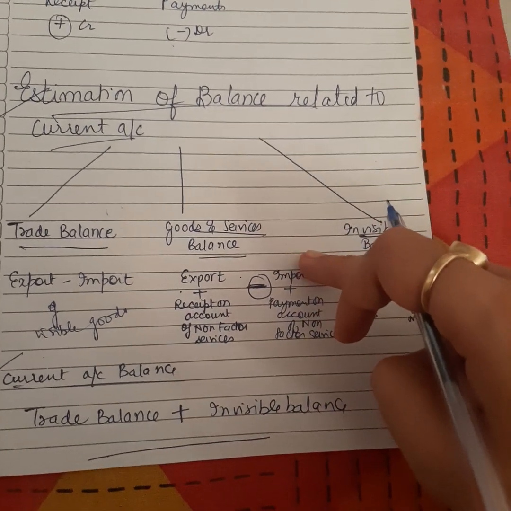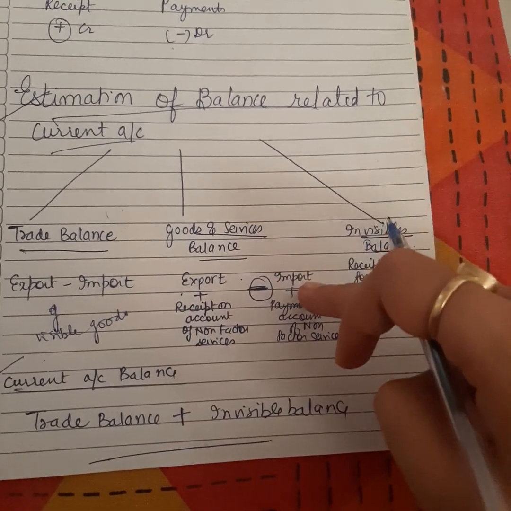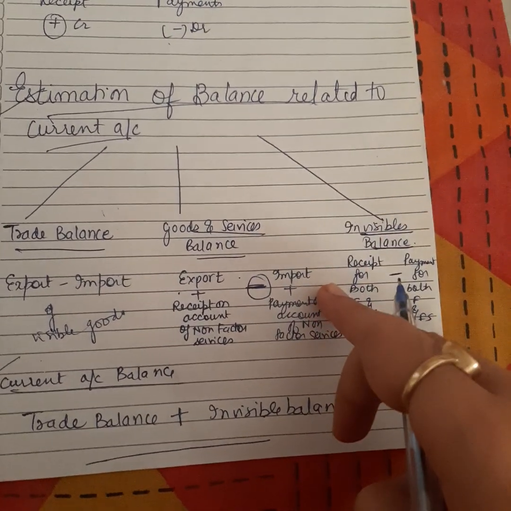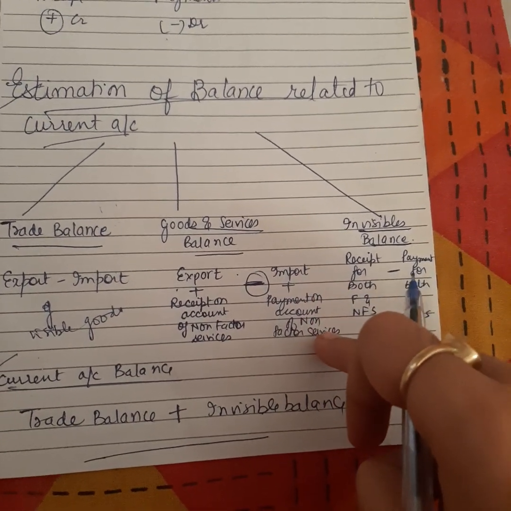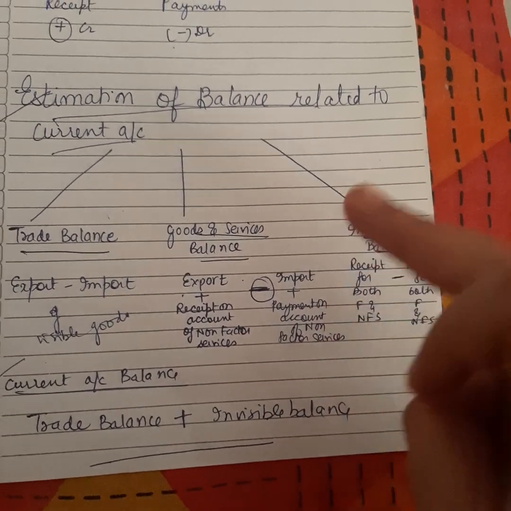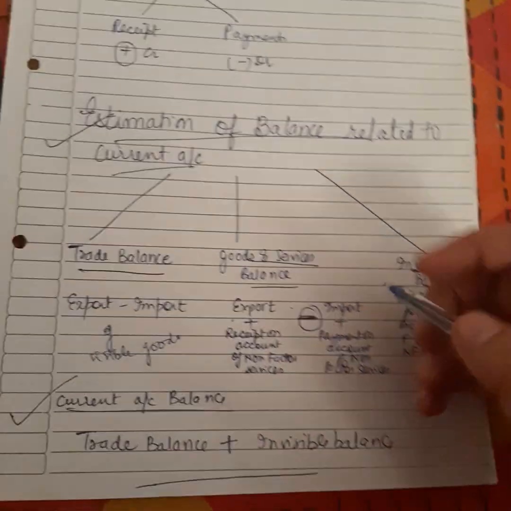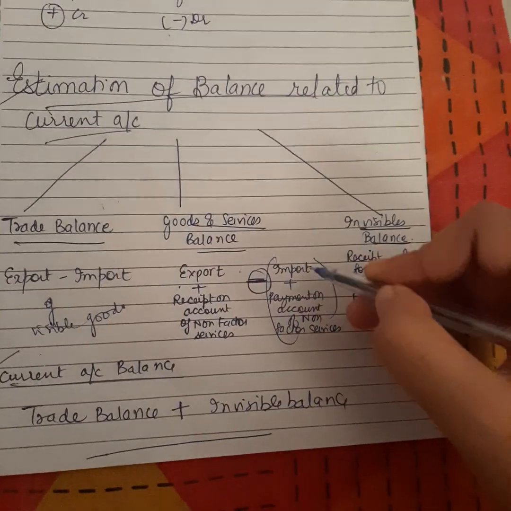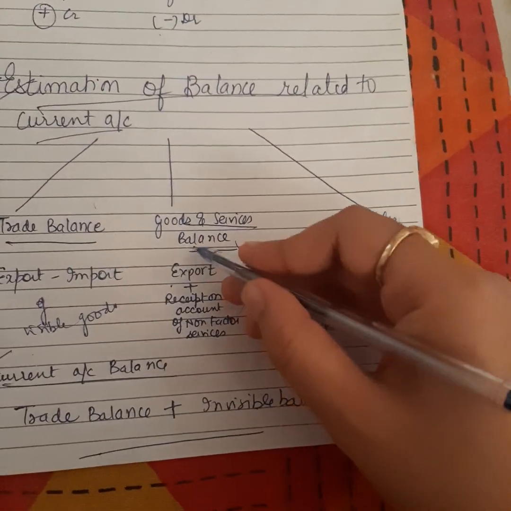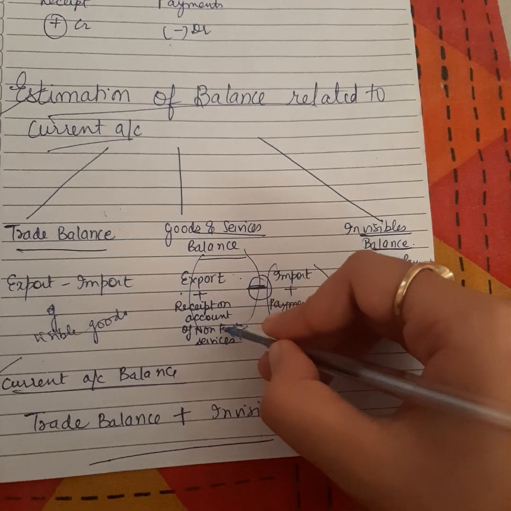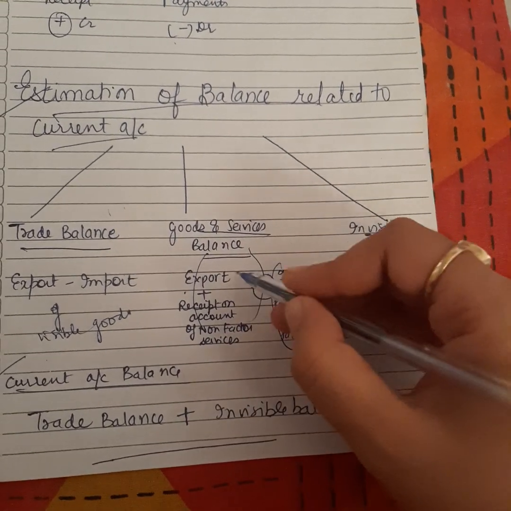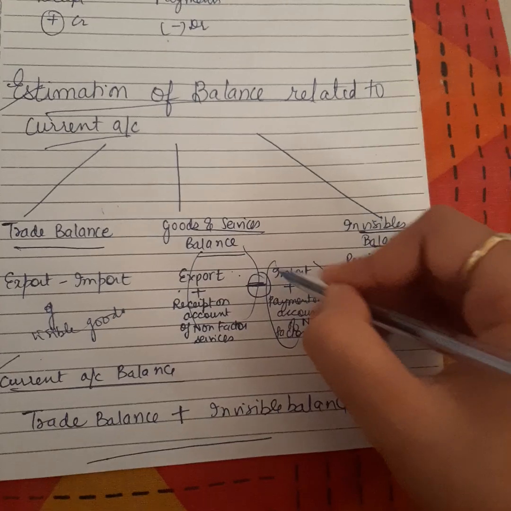Minus import of visible goods plus payment on account of non-factor services. Again, we are covering non-factor services here. You have to add these two, and then you have to subtract these two.